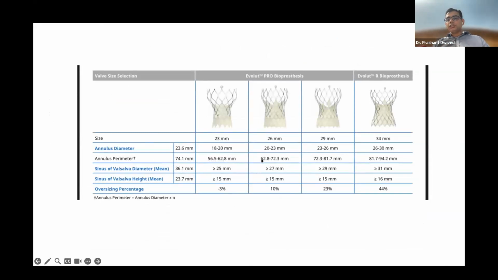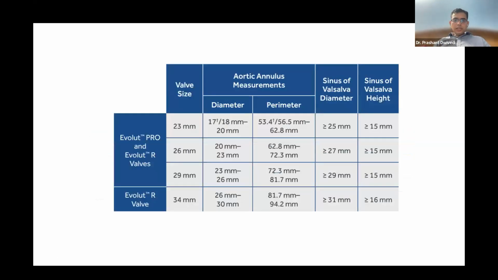If it's between 62 and 72, it will be a 26 millimeter valve. If it's 72 to 81, then 29 millimeter. That's how we decide which valve should be taken. But keep in mind, we need to look at the other parameters also: how the sinus of Valsalva, the sinus of Valsalva height, the STJ and the LVOT are.